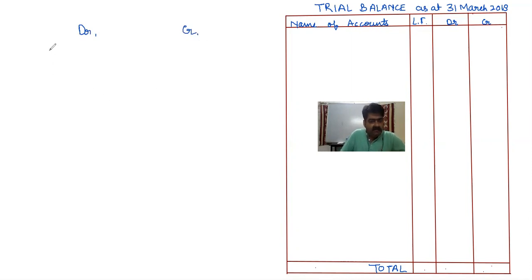In debit side, we will write all the treatment of assets. That means the balances of all assets will come in debit side. Apart from this, liabilities and capital balance will come in credit side. Okay.